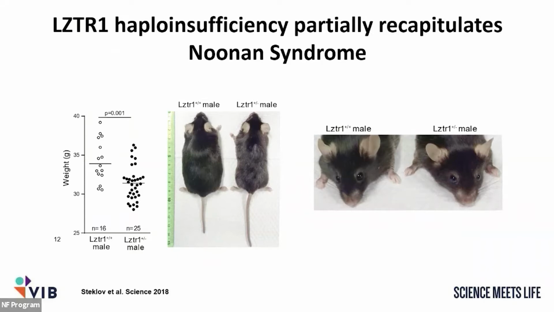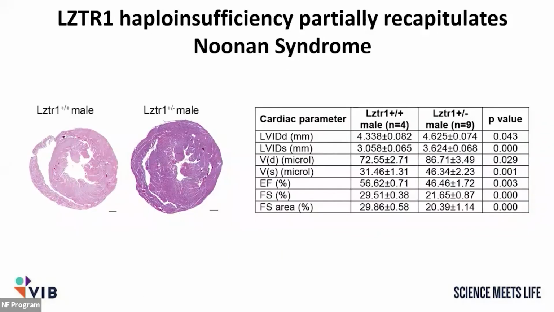So we generated LZTR1 knockout mice. It was just a full knockout. Unfortunately, LZTR1 loss was sufficient to partially recapitulate many of the Noonan syndrome phenotypes. As you can see, this mouse is smaller. It has a shorter snout. And it also showed quite dramatic cardiac hypertrophy phenotypes.